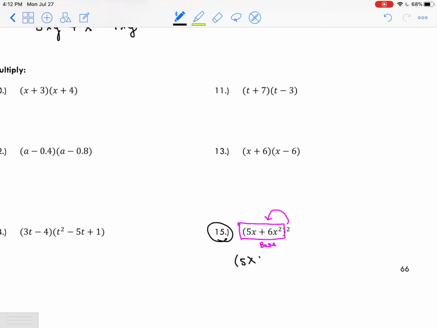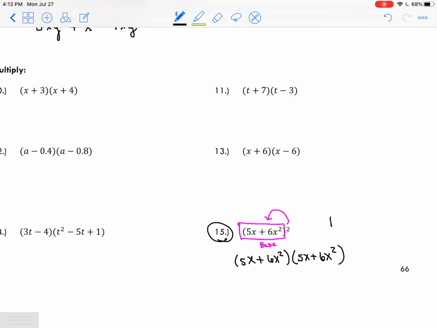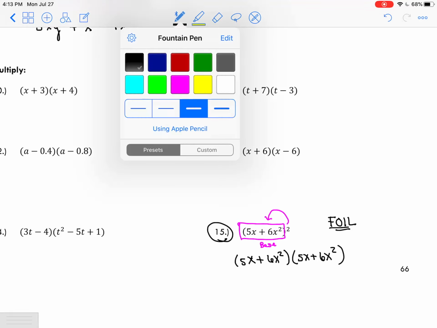We've got our 5x plus 6x squared, and we're multiplying by itself. So we have got a binomial now times a binomial. Okay, and if we remember our rule for a binomial times a binomial, remember that we need to FOIL this, right? That is the method that we're going to be using.